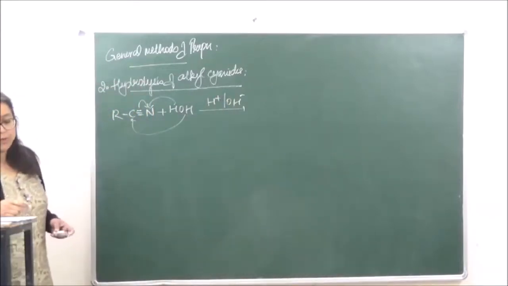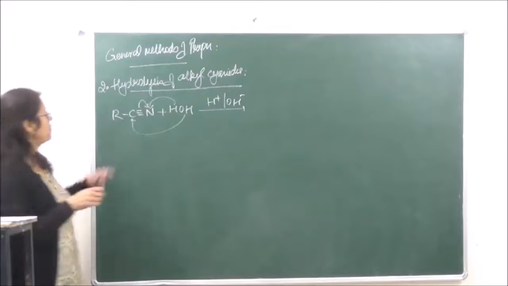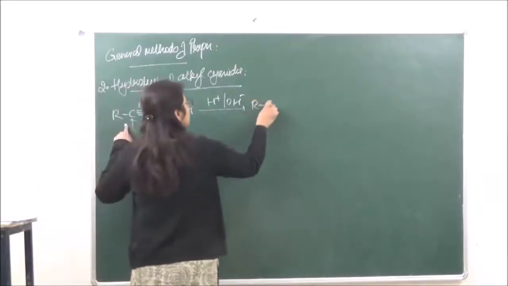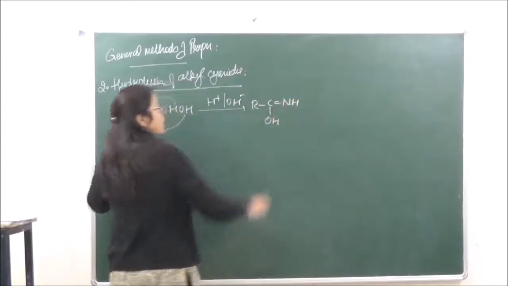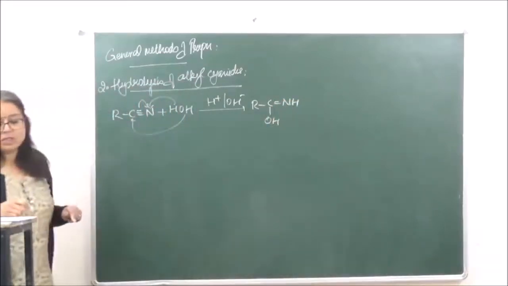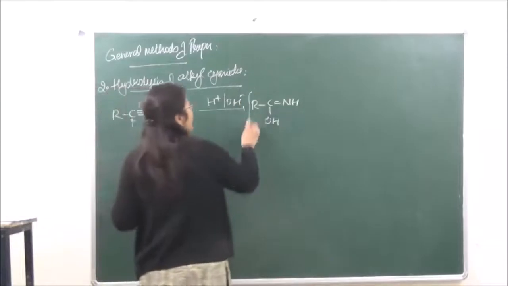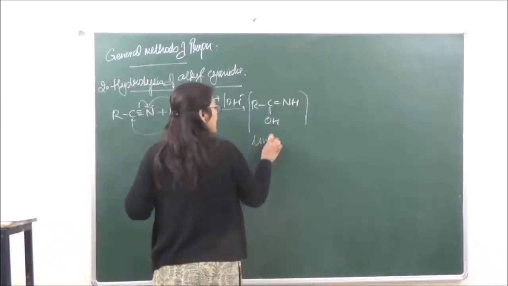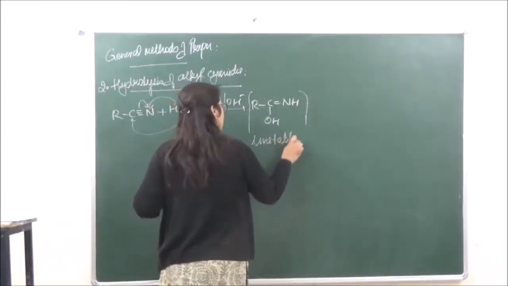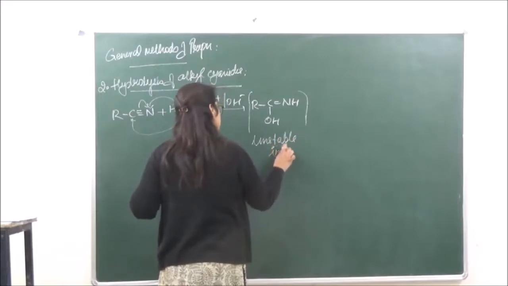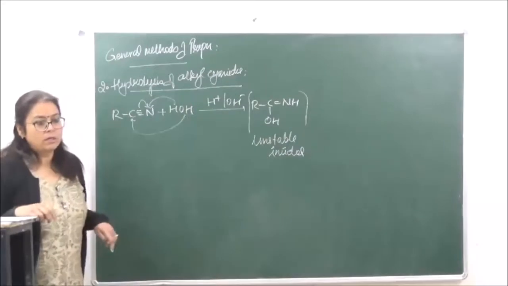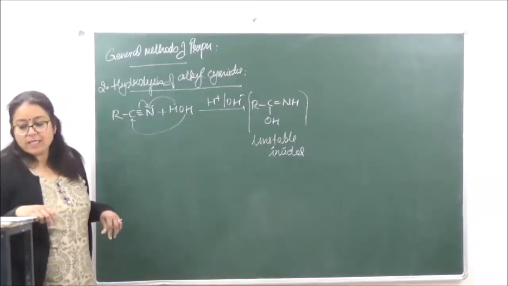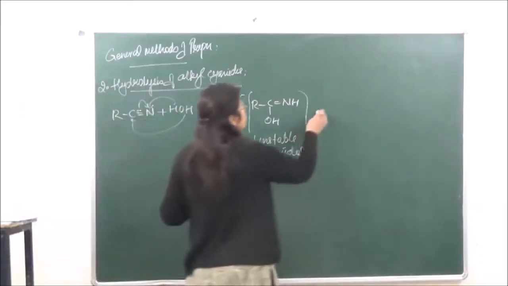So what is going to be that addition product which we have over here? We have RC(OH) double bond NH. Now this addition product is known as unstable imidol. Okay, then its rearrangement takes place.